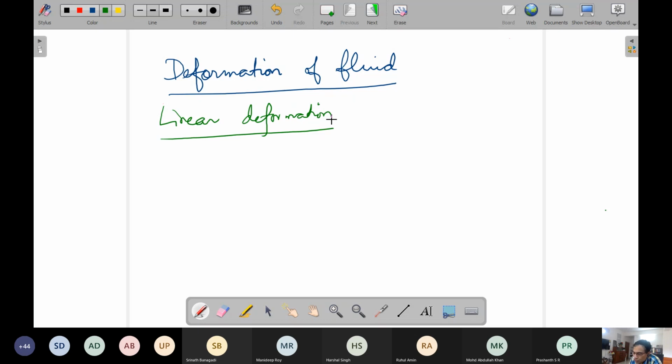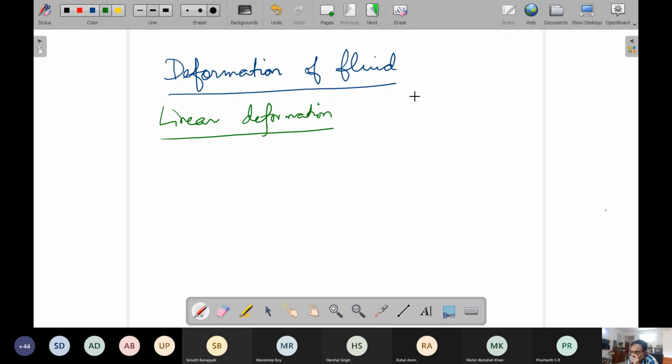See, the challenge is that deformation is something which we can hallmark only if we identify one particular collection of mass or volume. That only we can identify to deform. Otherwise, what will deform? So if we say fluid is deforming, it has no meaning.